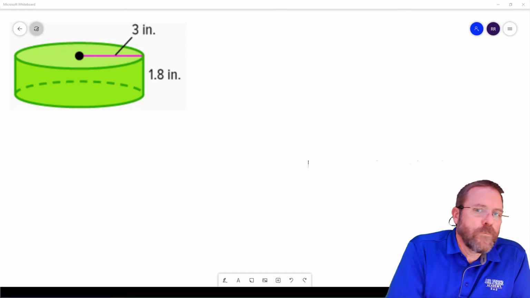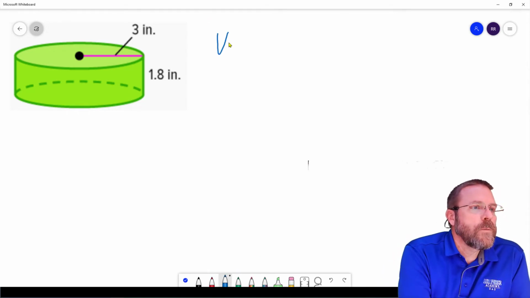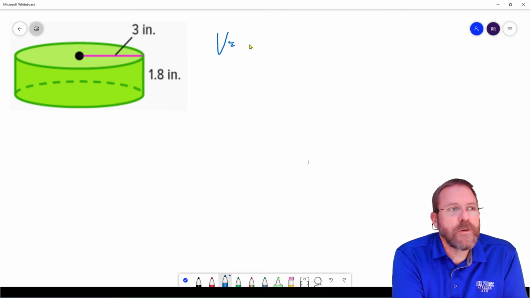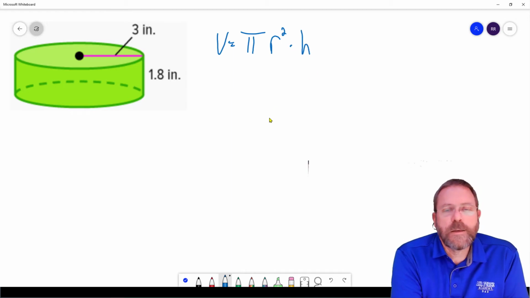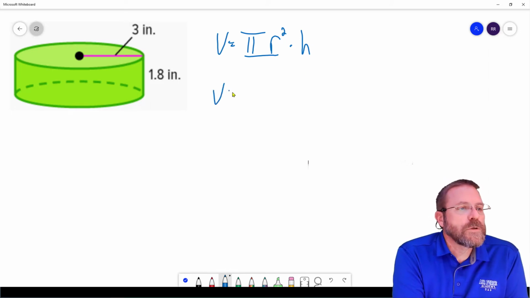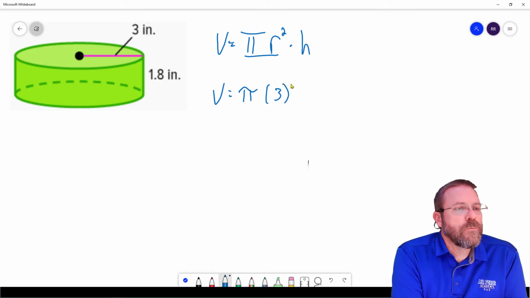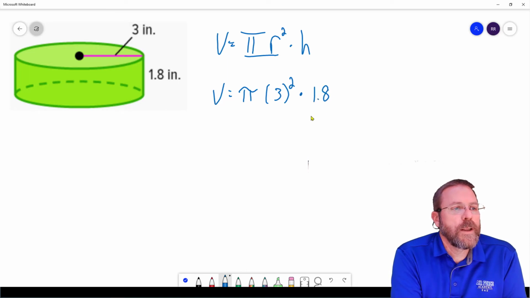Alright, so their formula for volume says volume is equal to the base area, which is pi times radius squared, times the height. This part's the base area and this part's the height of the prism. From here we say volume is equal to pi times the radius, which is 3, squared, times the height, which is 1.8.